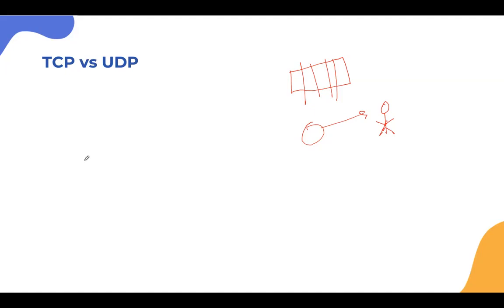When there is a piece of data or a file or a packet which is too big to pass from one network to another, you will break it up into smaller segments and then send the data over. This is nothing but segmentation, and segmentation is done by both TCP as well as UDP. Okay, so that is one concept of segmentation.